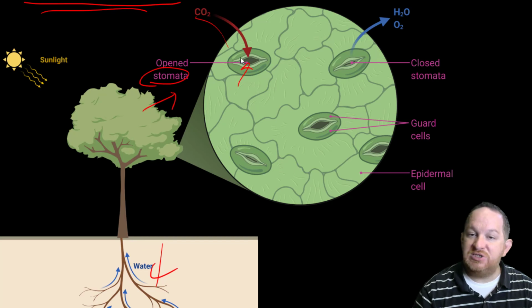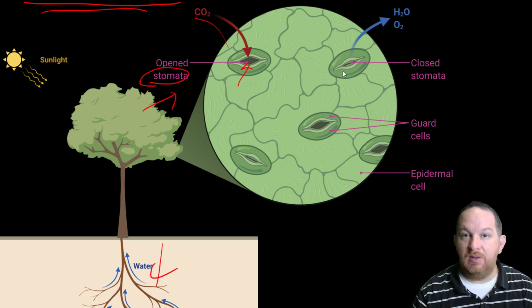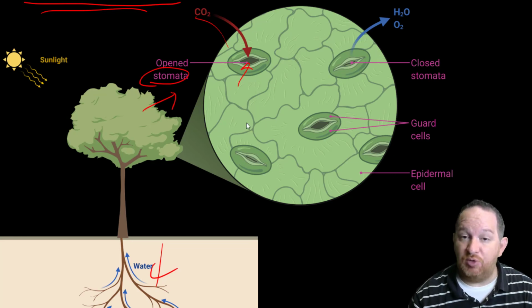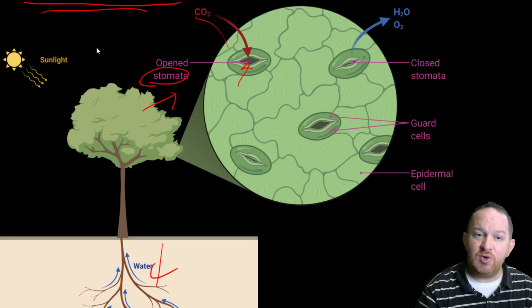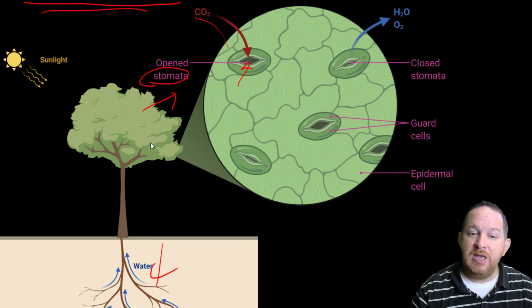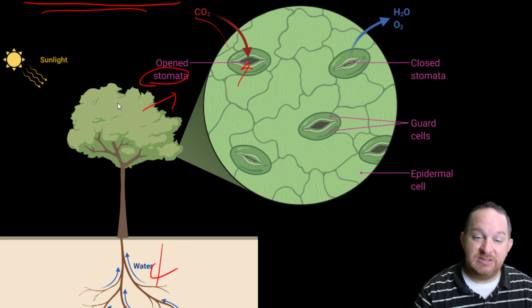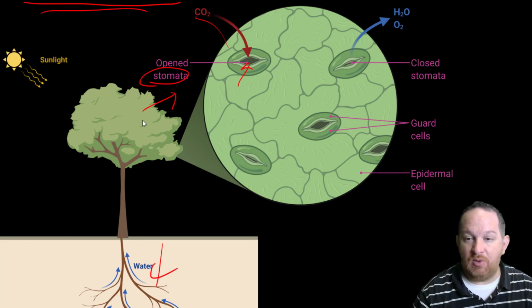So when these stomata, these little holes, open up, they allow things to move. When they close, not as many things can move in and out. So transpiration is the plant moving the water through its system, through its body, if you want to say, and out, using some of that water as it goes.